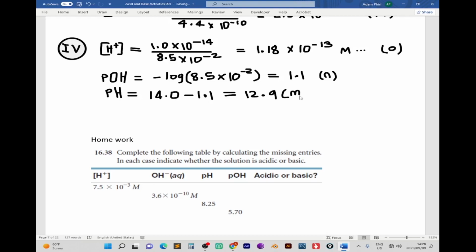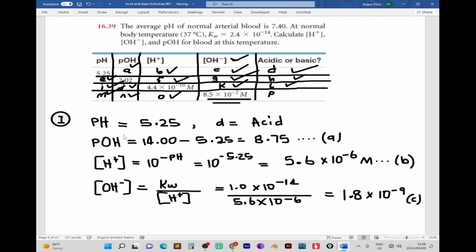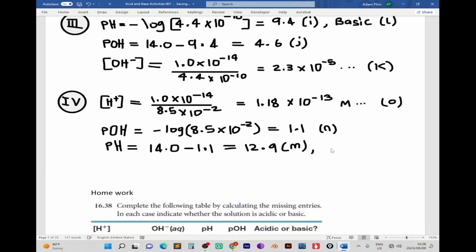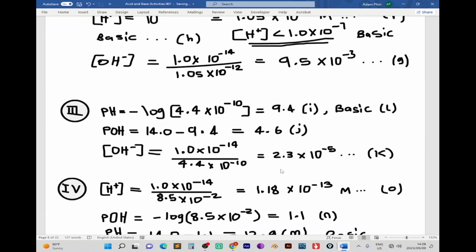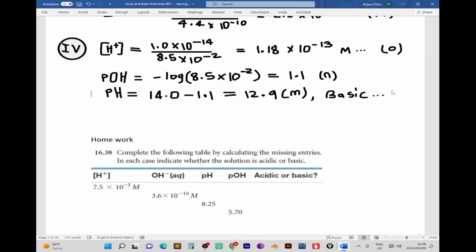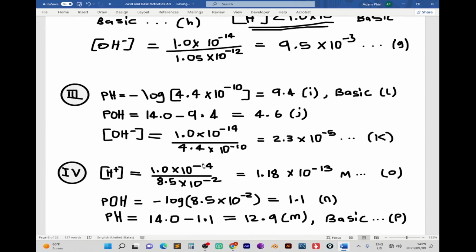So that gives us our value for M. Alright, so M is filled up, N filled up also, and then with that pH we know that it's basic. Then we can fill in the basic part. Okay, so that part is filled, and that is P, that's the value for P, and that's it.